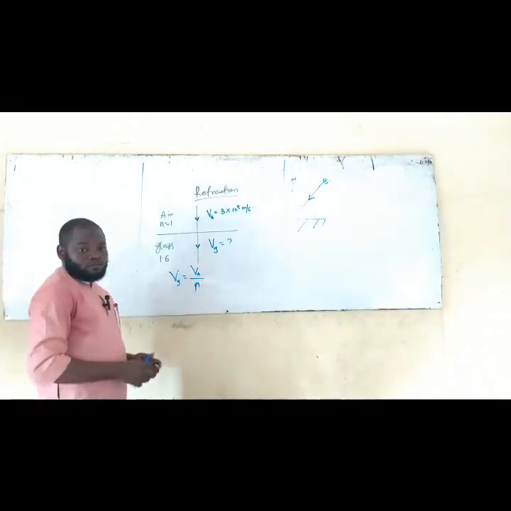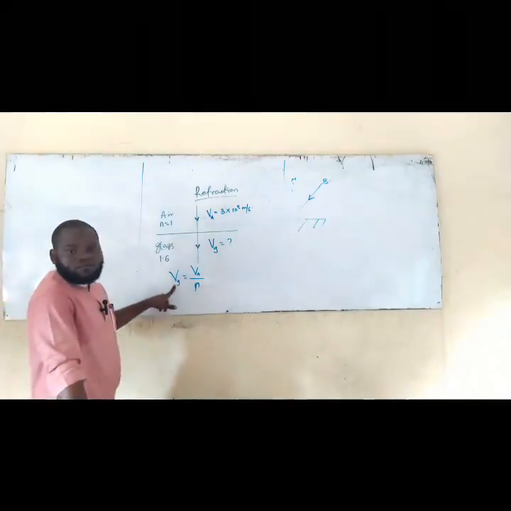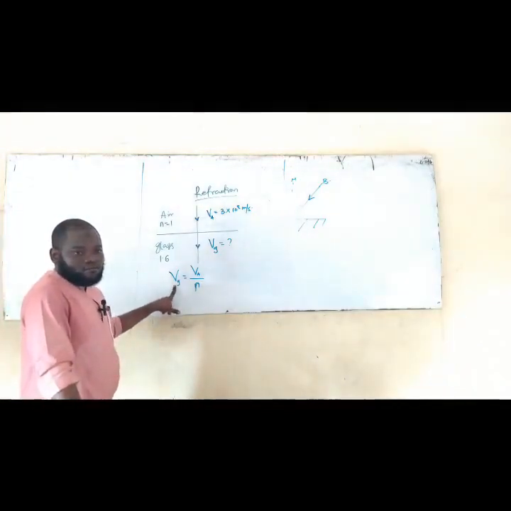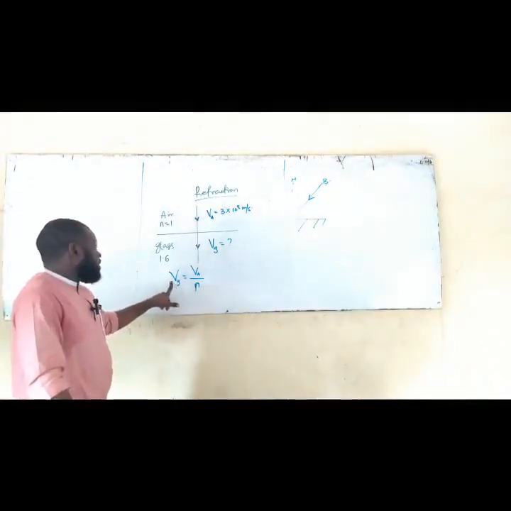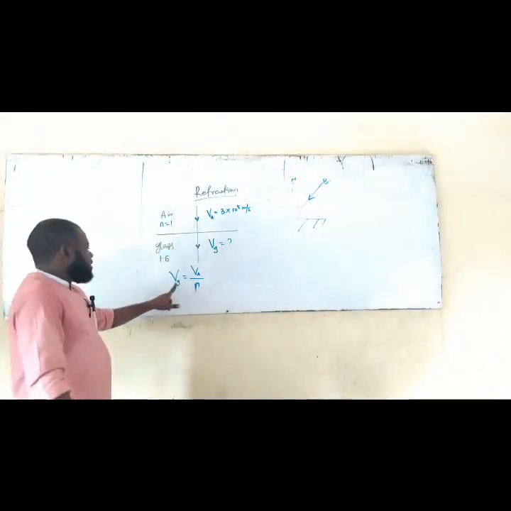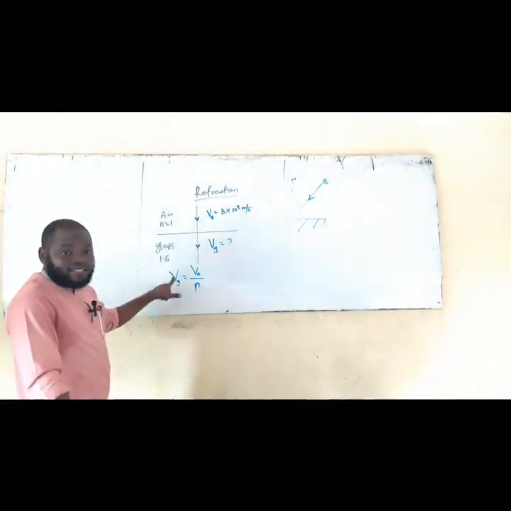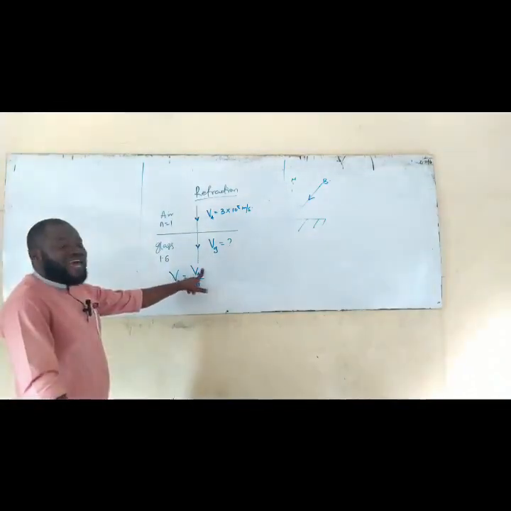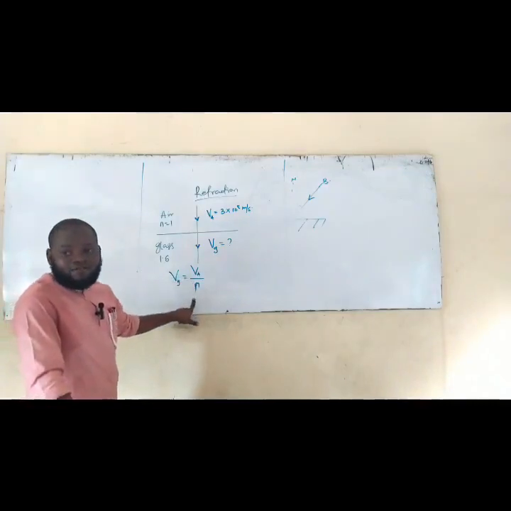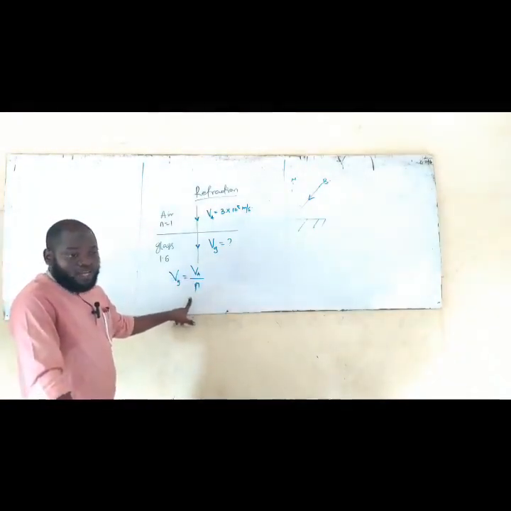Look up. When light travels from air into another medium, the velocity of light in that medium is the speed of light in air divided by the refractive index of that particular medium. Do we get this clear?